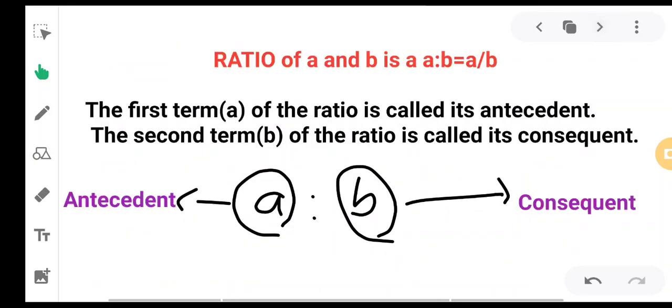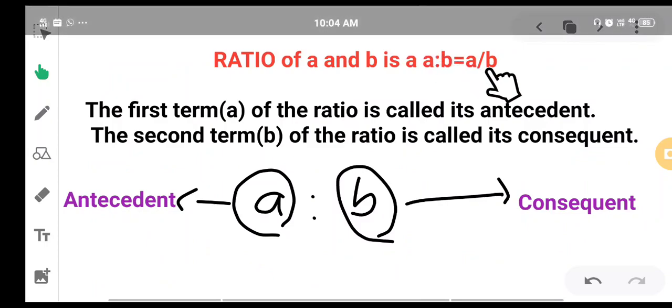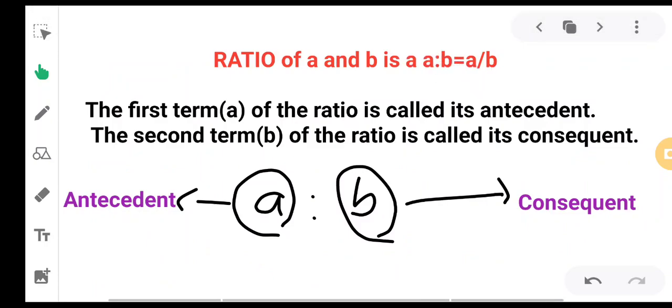Now, for further information, we move on. The ratio of A and B, A ratio B, is equal to A upon B. The first term A of the ratio is called the antecedent. The second term B of the ratio is called the consequent.